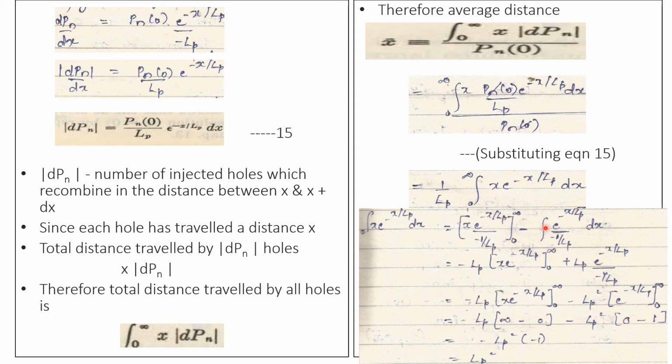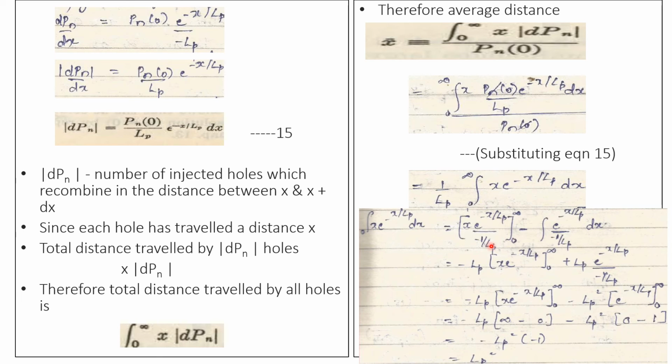will integrate once, that will be minus x minus integral of e raised to minus x upon Lp upon minus 1 upon Lp, and differentiate x, that will be dx.